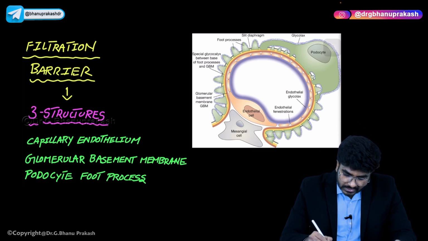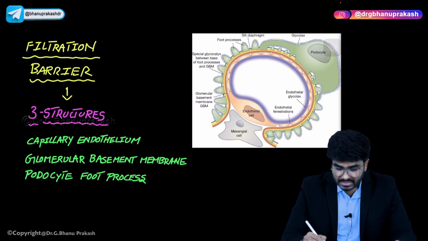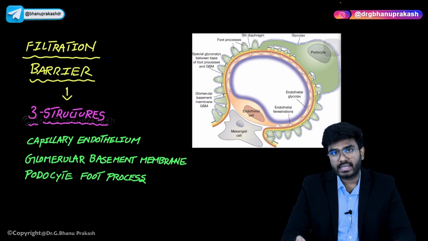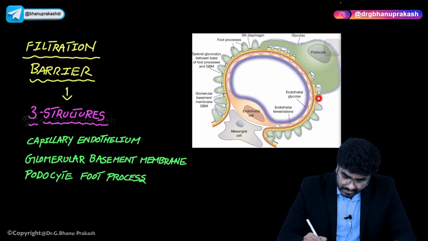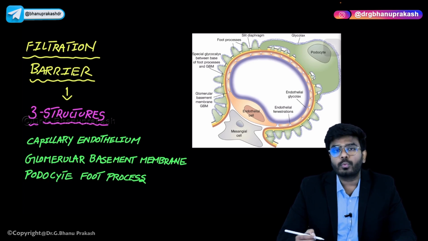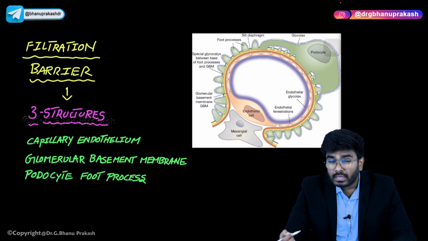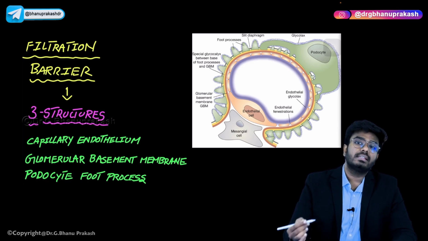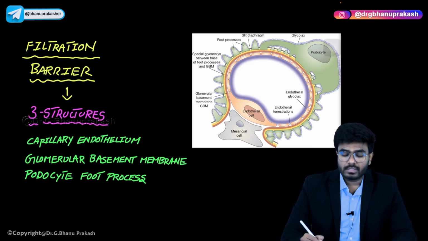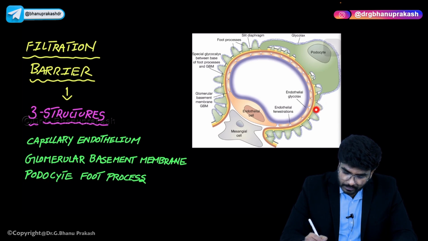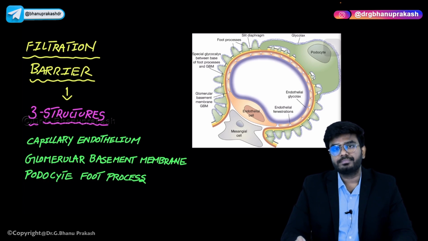So the visceral epithelial cells, these green color cells present towards the Bowman's capsule, are known as podocytes, and these podocytes have certain processes, known as foot processes. Foot processes are present for which layer? It's the podocytic layer. So podocytes are the cells which have podocytic foot processes.